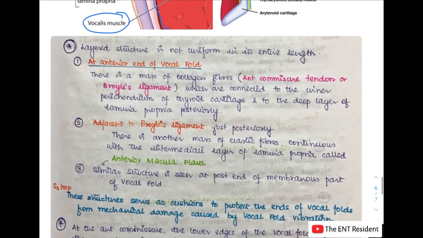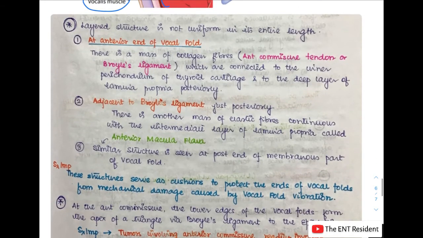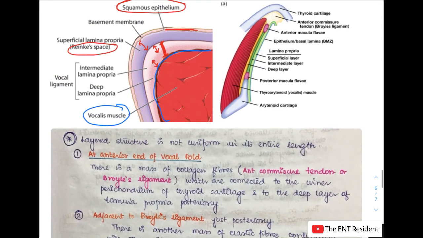Now, we will see that this layered structure is actually not uniform in its entire length. Where are the places that it's not uniform? The first such place is at the anterior end of the vocal fold.